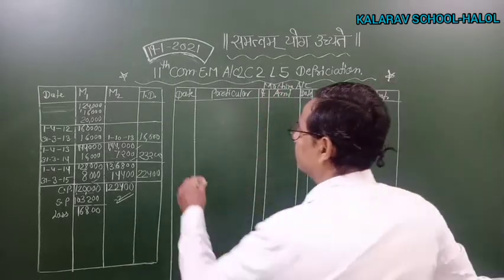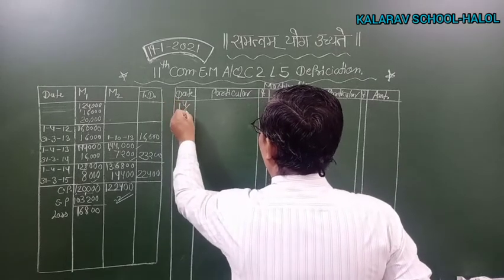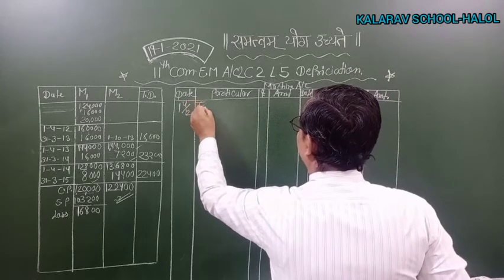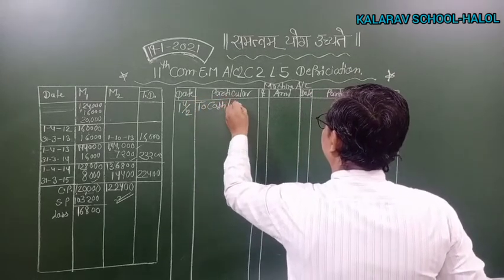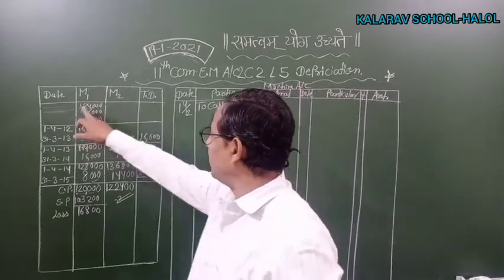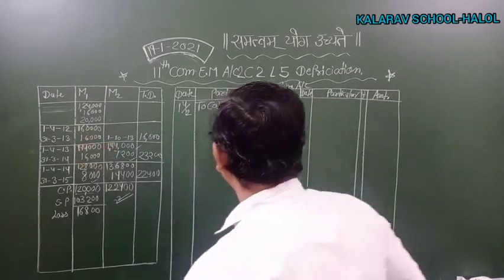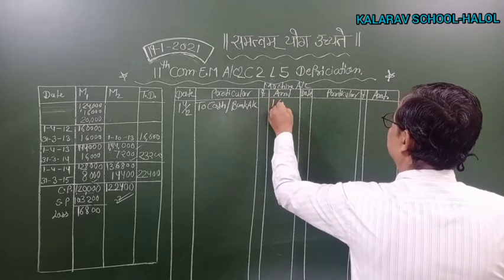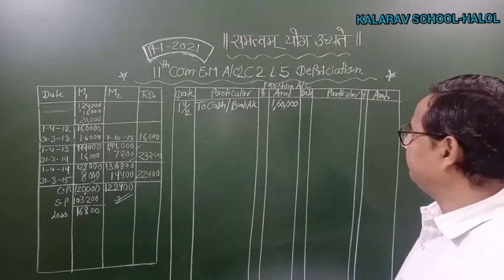So here it is your date 1/4/12 and here I will write to cash bank account, and all these amounts I am not going to write straightforward. We will write this final amount, that is 1,60,000. Is it clear? Okay.